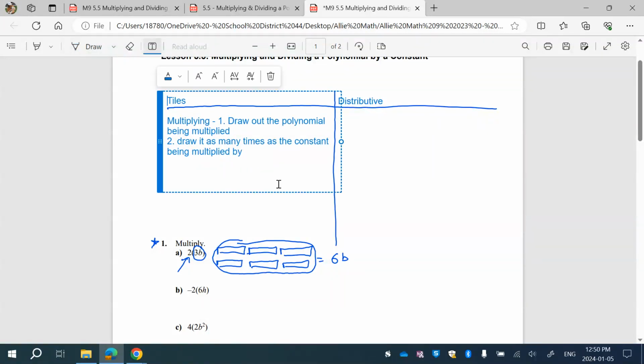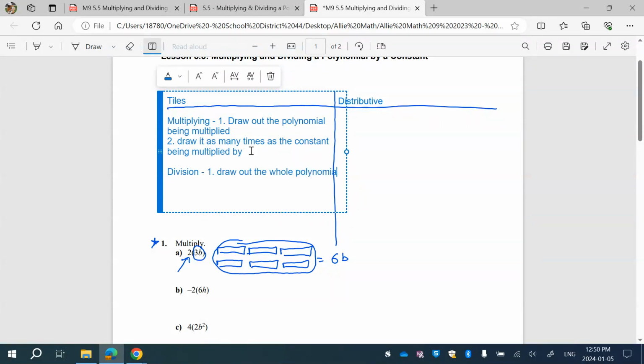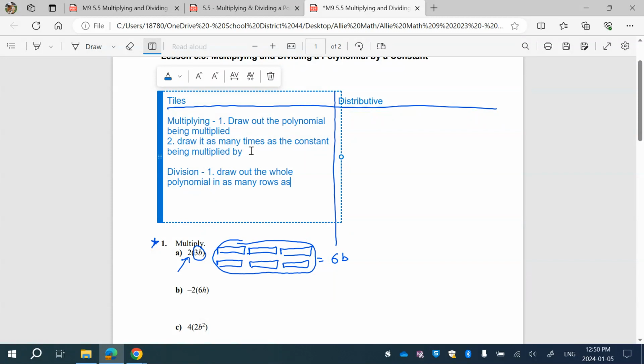For division, step one, or really the only step, is to draw out the whole polynomial in as many rows as the constant you're dividing by.